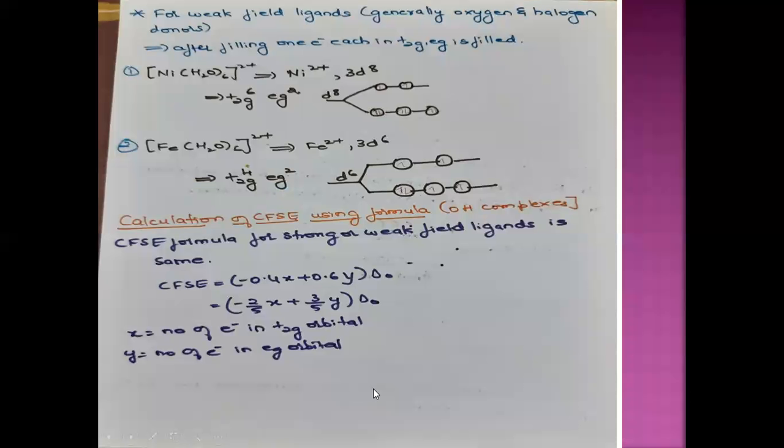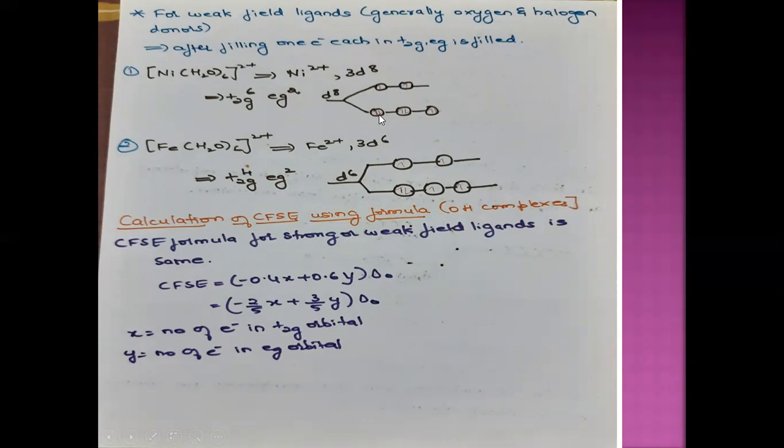Similarly, we'll discuss weak field ligands. Example, nickel hexaaqua 2 plus. H2O is a weak field ligand, right? No need to completely fill the T2G orbitals. So it is 8 electrons. How to fill? First T2G, 1, 2, 3. Then for the 4th electron, you fill the Eg orbital, 4 and 5.